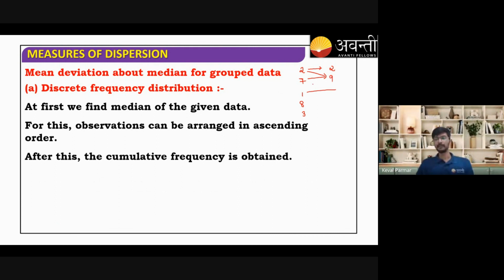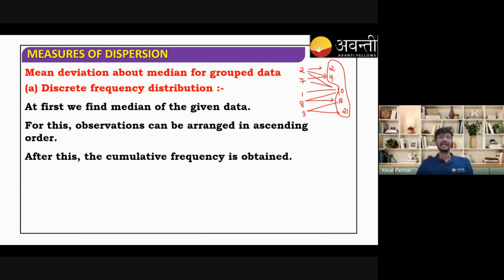The third term will be the addition of the first three terms, which is 10. After that, you add 8, we get 18. After that, you add 3, we get 21. Correct? So this data obtained is the cumulative frequency.